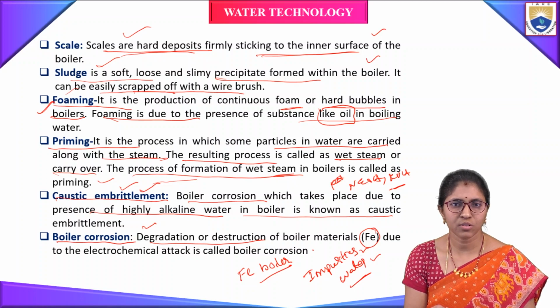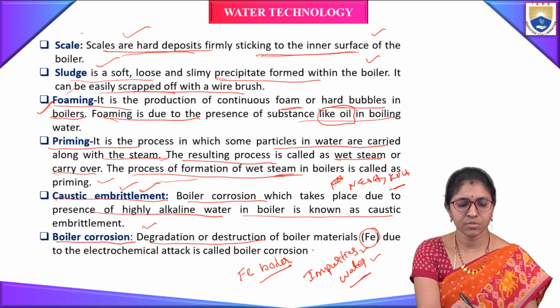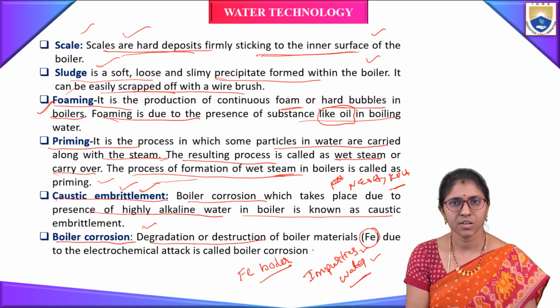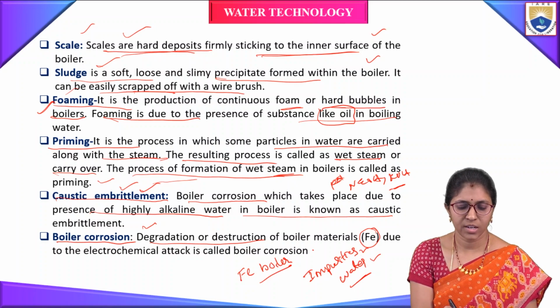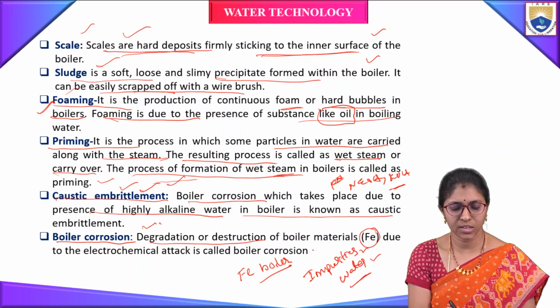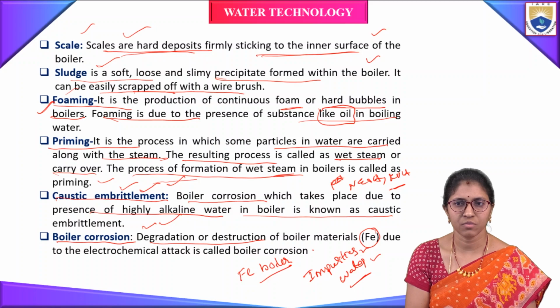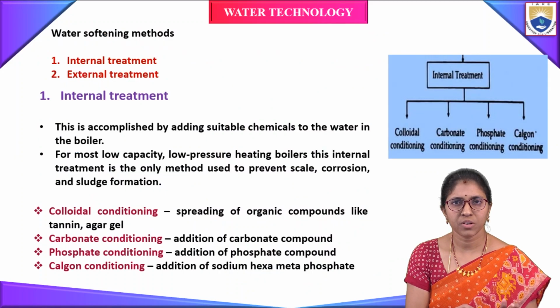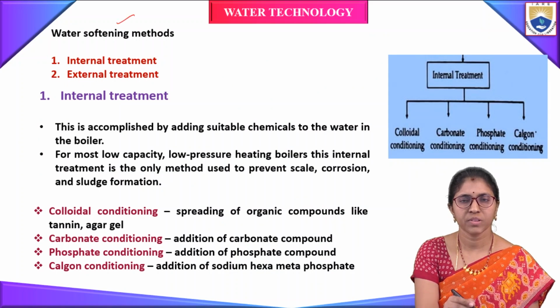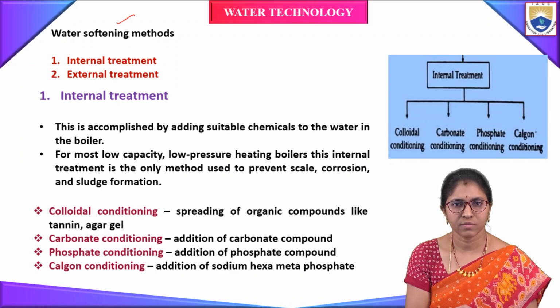These disadvantages are there because boiler feed water contains highly impure water. We will have scale and sludge formation, priming and foaming, caustic embrittlement, and boiler corrosion due to the impurities present in water. To avoid this, we have to soften the water.